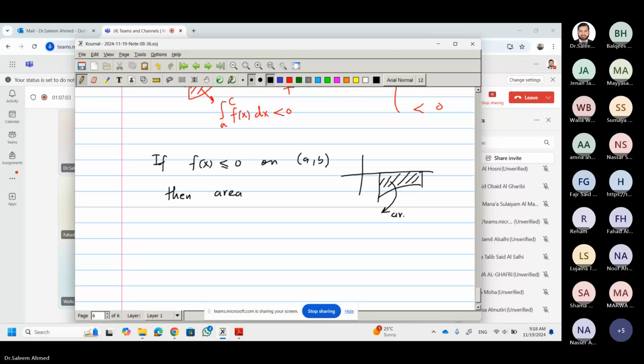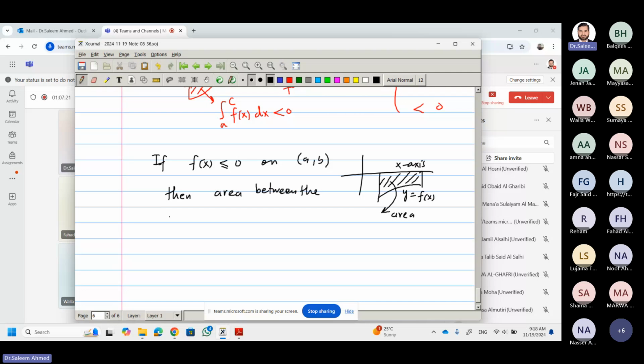this will then be the area between the curve y equals f(x) and the x-axis, right? Now we cannot say under the curve, it is above the curve now.